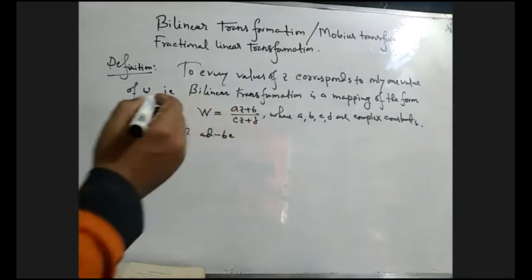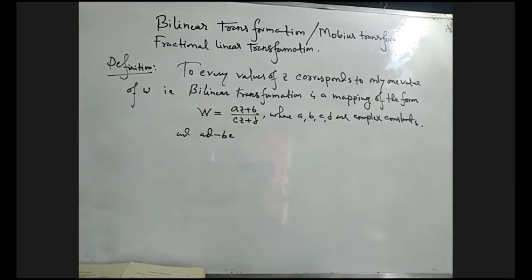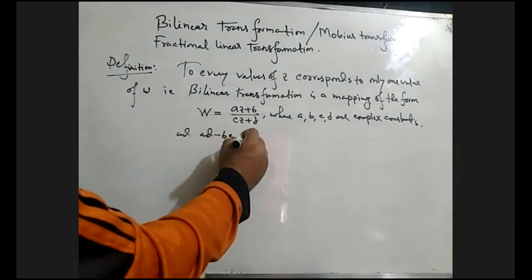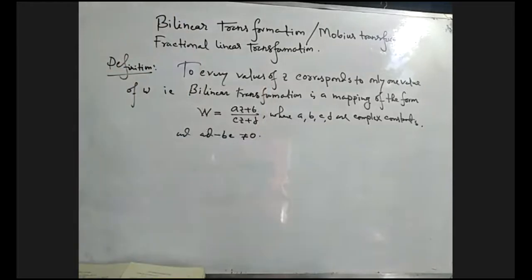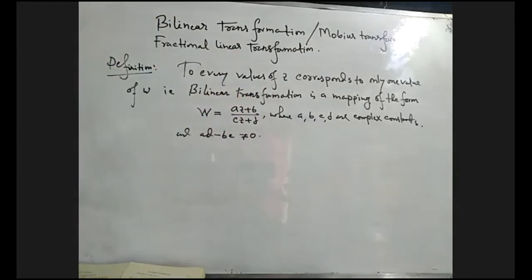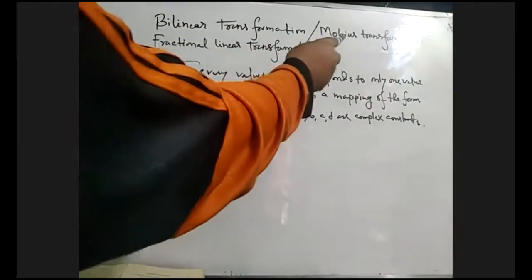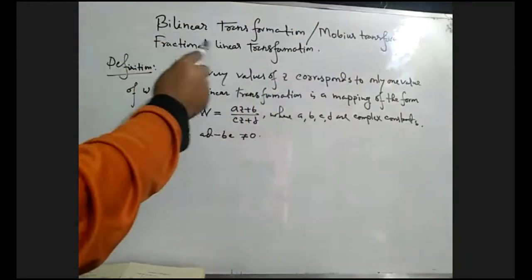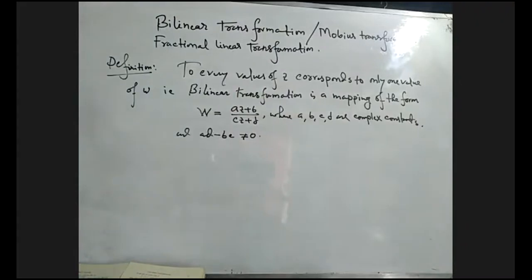That means this determinant will not be equal to 0. Then this type of mapping is called a bilinear transformation or Mobius transformation or fractional linear transformation.